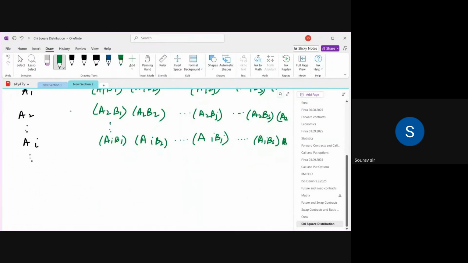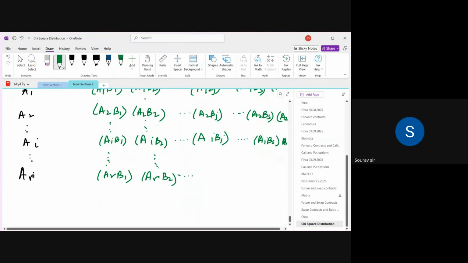Next, after Ai, the next similar term. So here also we end it. Here we have ArB1, ArB2, dot, dot, dot. Okay, these all are going because these are in series.